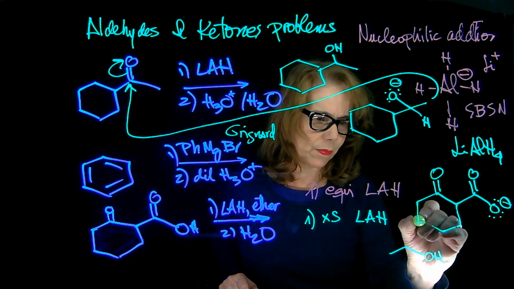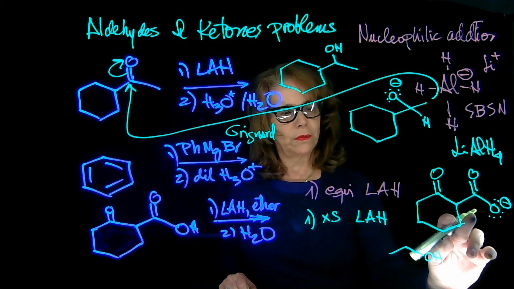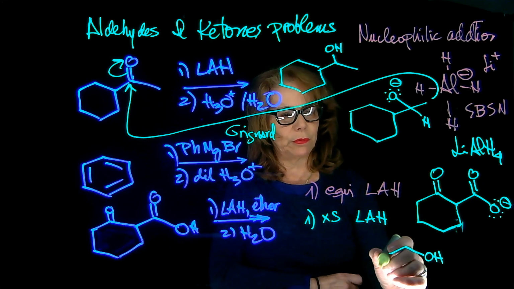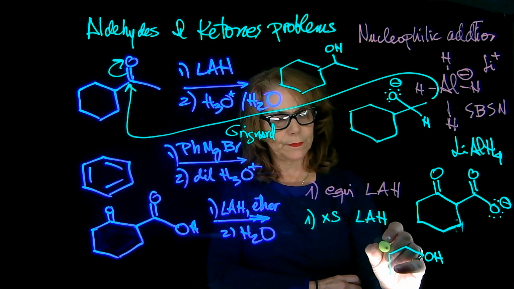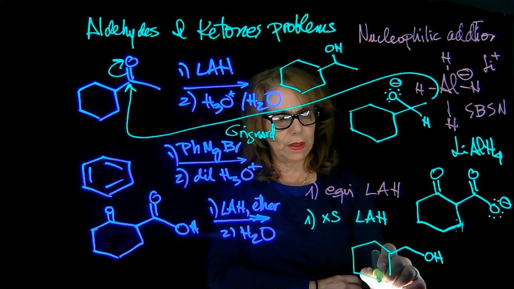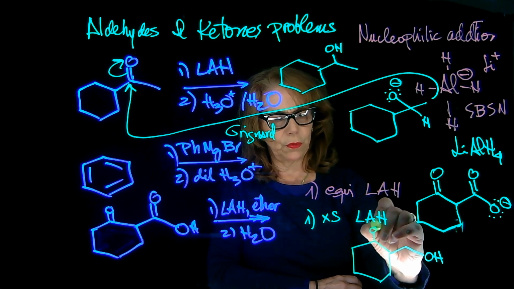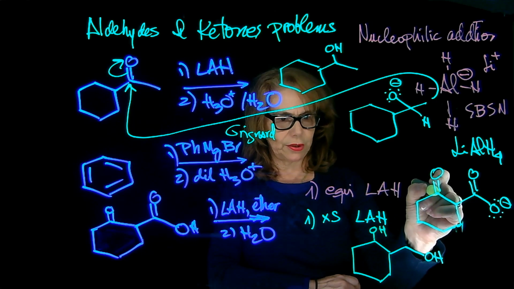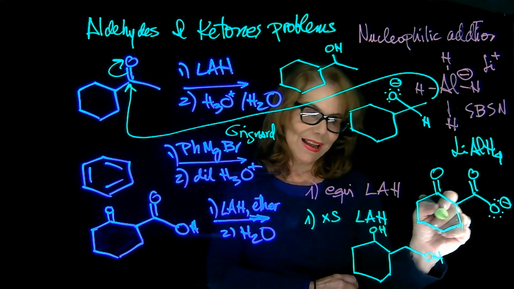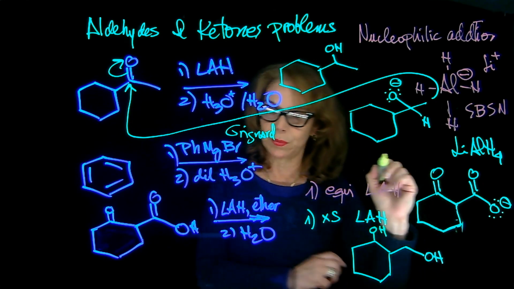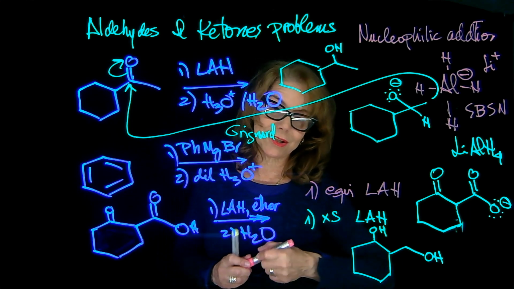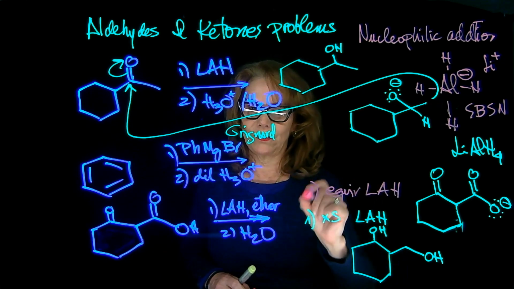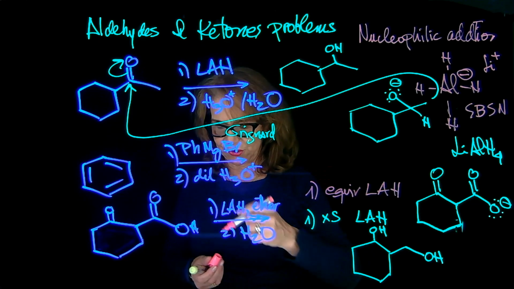In excess, you will be able to have the reduction of both the ketone to the secondary alcohol and the carboxylic acid to a primary alcohol. With one equivalent, you just do the acid-base reaction. The strong base will remove that H over there.